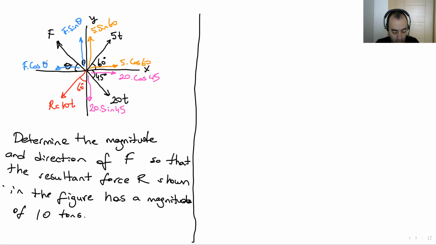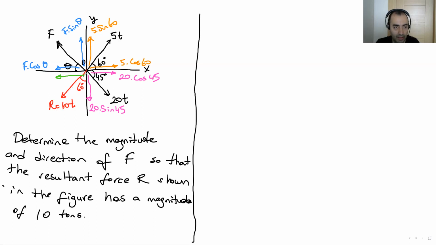Okay, we have a resultant force. At the end of the day, it's a force, a vector. We have the components for this resultant force here. By the way, be careful about the angle.